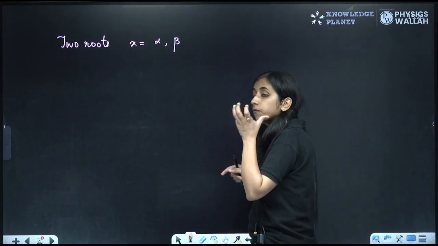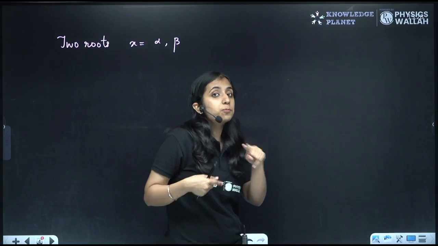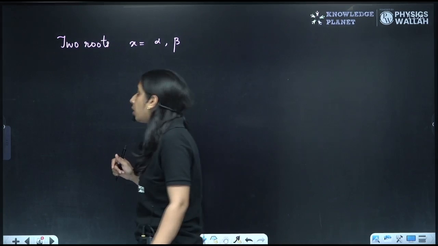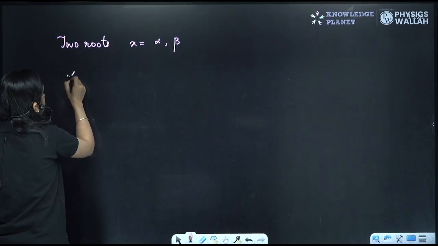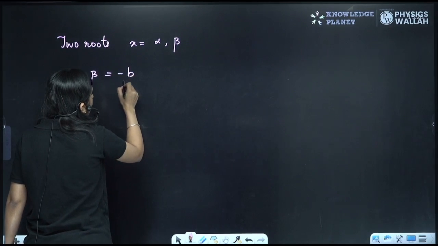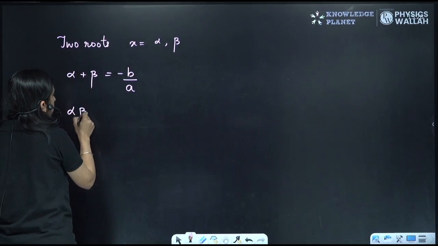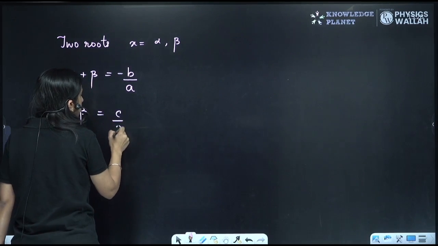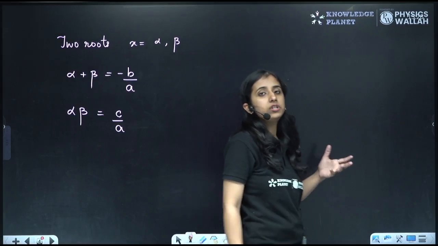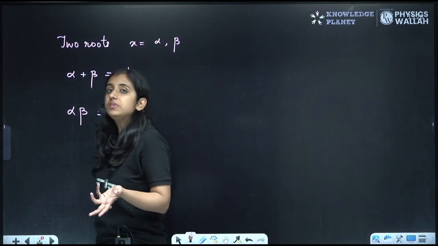That is, for those values of x for which ax square plus bx plus c is equal to 0. If these are two roots of quadratic equation, then the sum of these two roots is equal to minus of b by a, and the multiplication of these two roots is equal to c by a, where a, b, c are our coefficients of x square, x, and the constant term c.